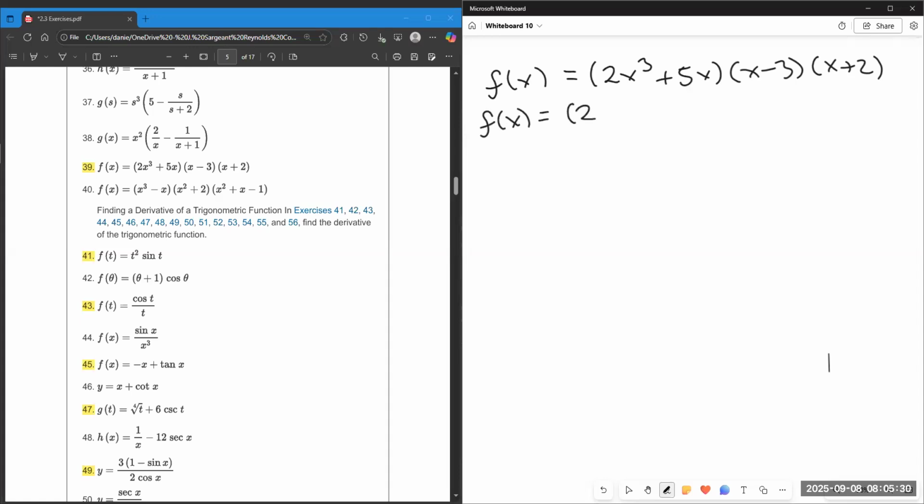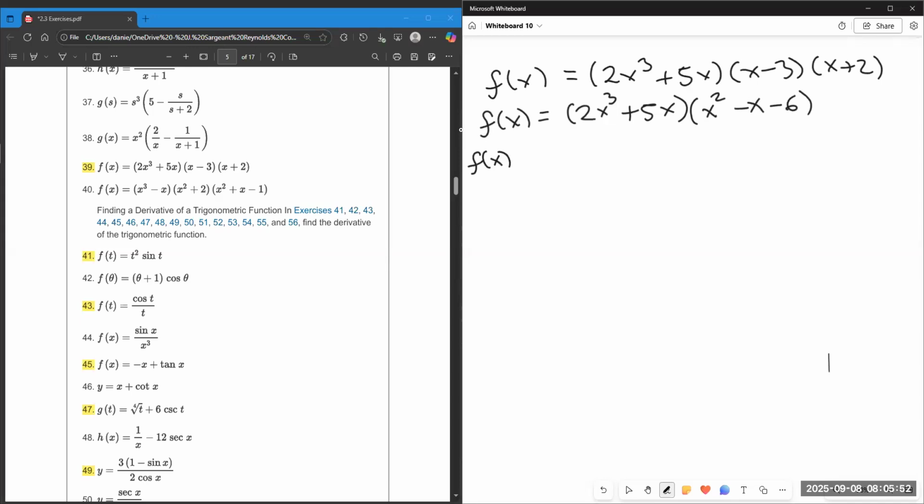So 2 smaller degree, and smaller, they're all the same number of terms. So let's take x minus 3 times x plus 2 to get x squared minus x minus 6. And now I have a nice u and v.